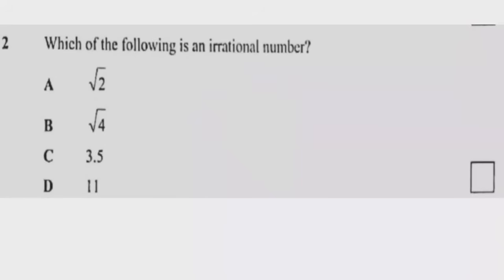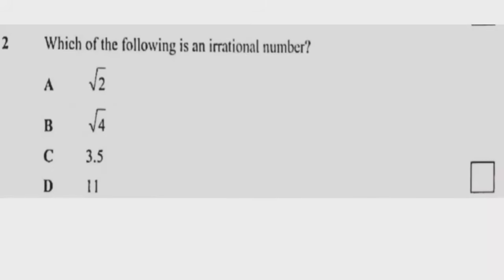Come to question 2, which is which of the following is an irrational number? An irrational number is a number that you cannot express as a fraction.